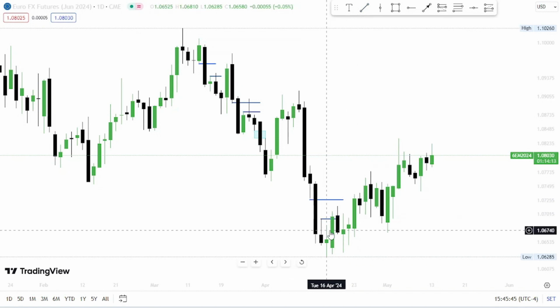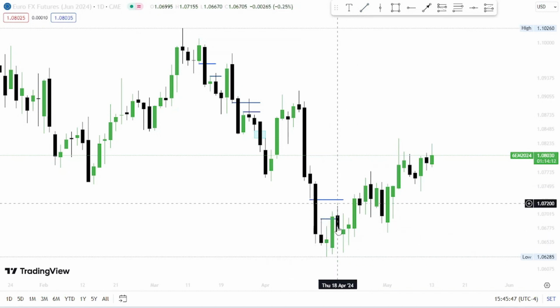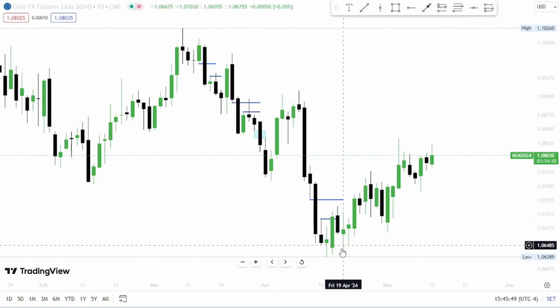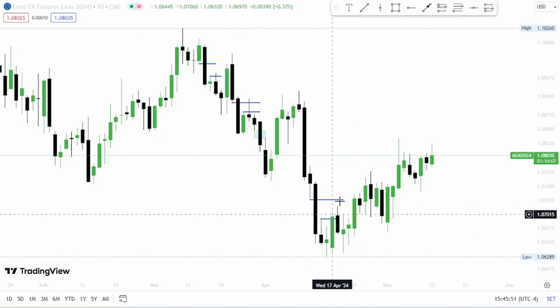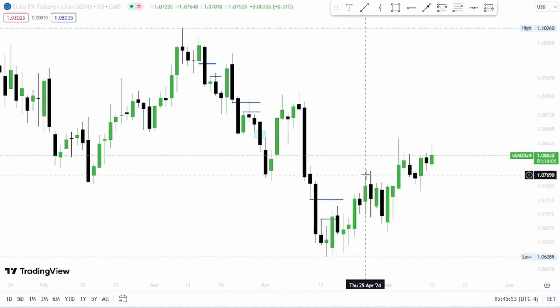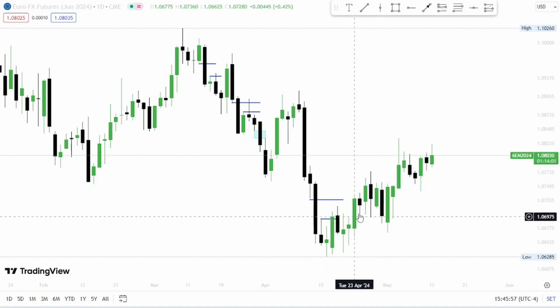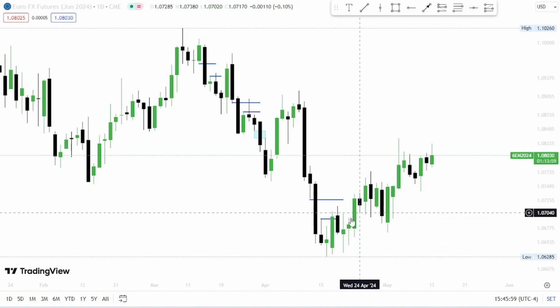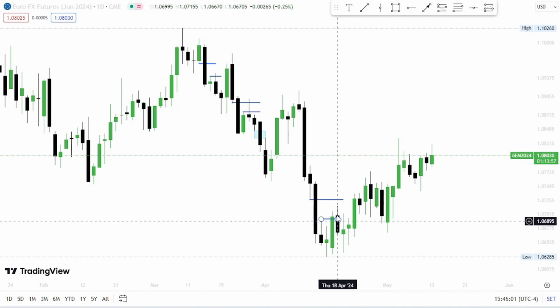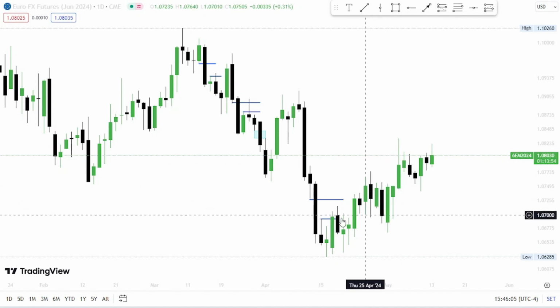That low and this high, market tested that, failed to close lower, break of market structure, went up, came back to what? Fair value gap. This low, this high, plus an order block. See, you have two PD arrays there.